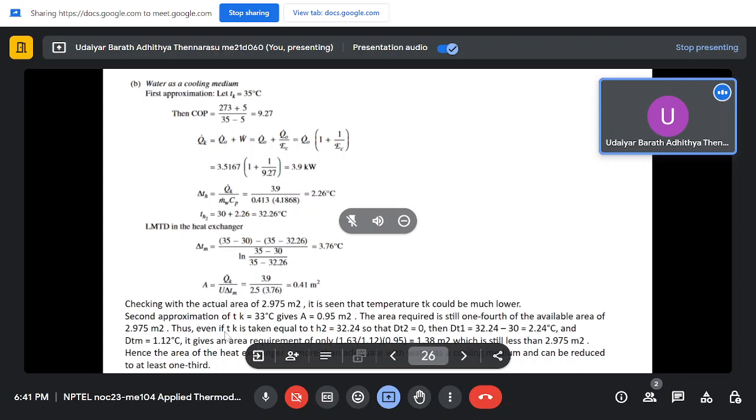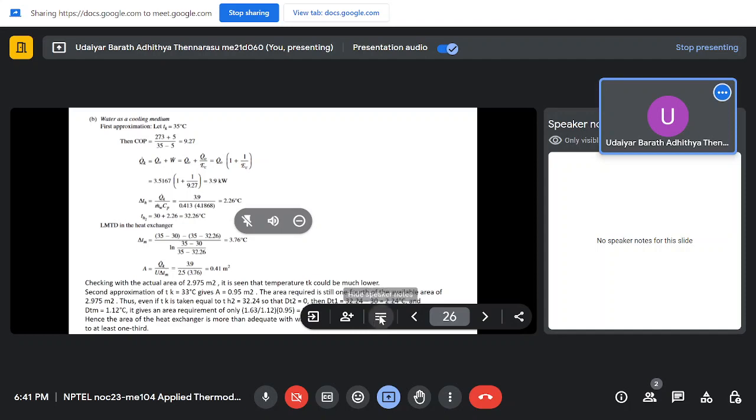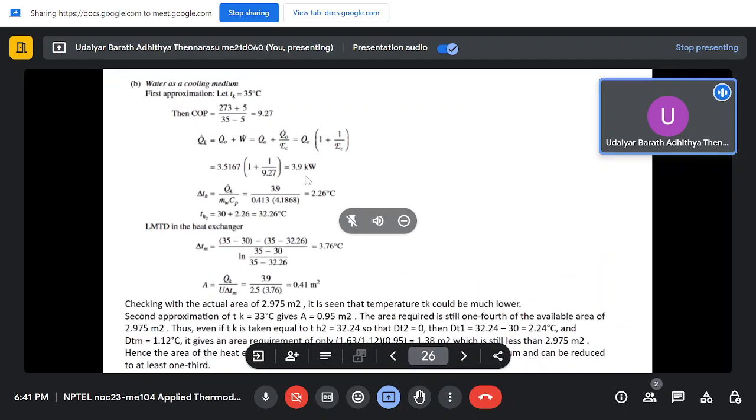So for this the area required is 1.38 meter square. So 1.38 is still very low compared to the air cooled condenser area. So hence the area which is there is more than adequate for cooling, and it can be reduced to 1/3.